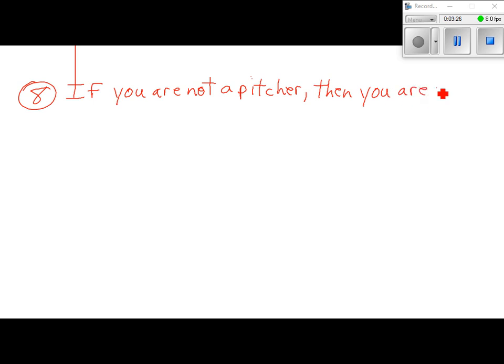With the inverse, remember inverse negates both parts. So it would say if you are not a pitcher, then you are not on a baseball team.